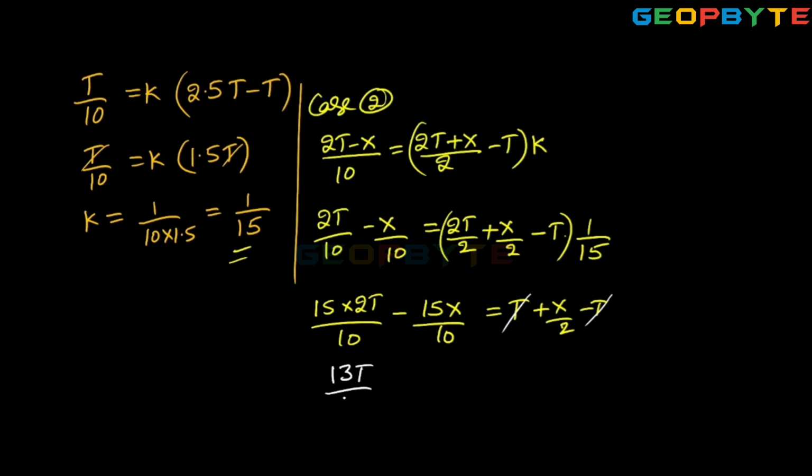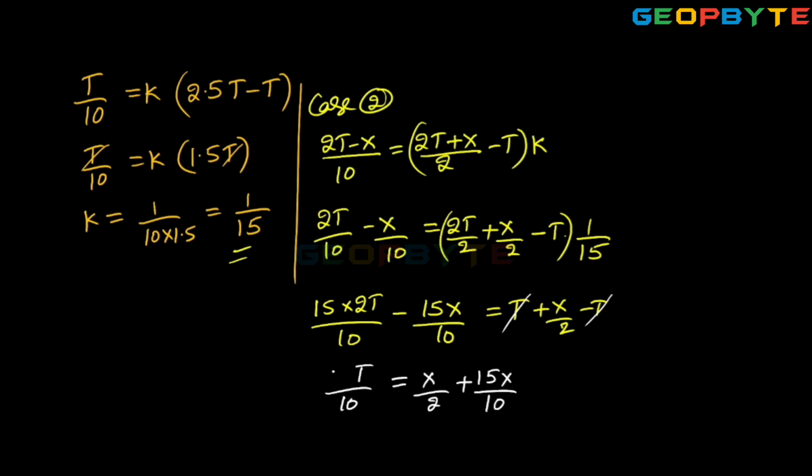Finally, it is 30T by 10 minus 15X by 10 equals X by 2. 15 into 2T is 30T, we should be very careful.